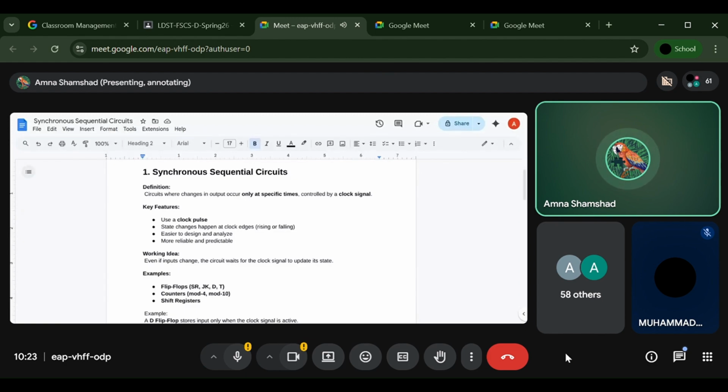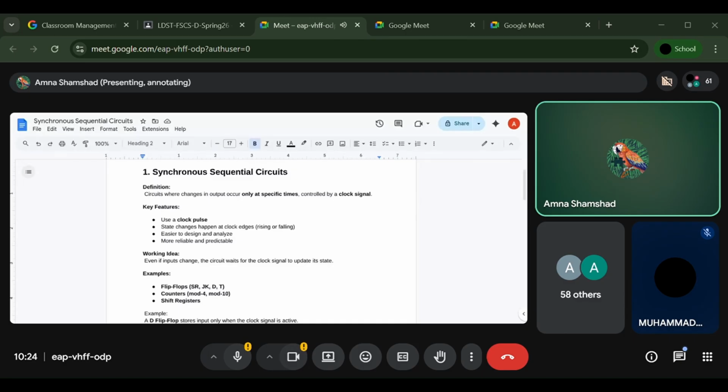The term synchronous relates to the clock signal. Is this clear? And asynchronous means although it is dependent on your previous input, it will not be affected by the clock signal.